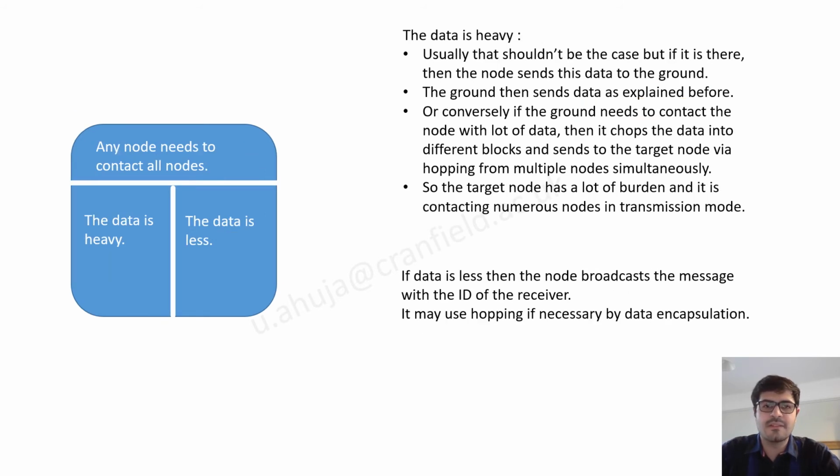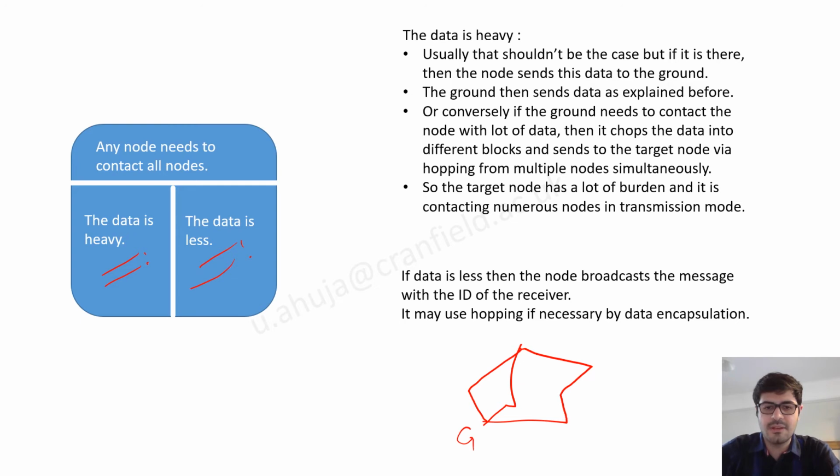In the other case, any node needs to contact all nodes, and it could be that the data is very heavy or the data is less. If the data is very heavy, which usually shouldn't be the case, then the node sends this data to ground. The ground then sends data as explained before. Conversely, if the ground needs to contact a node with a lot of data, then it chops the data into different blocks and sends them to the target node via hopping from multiple nodes simultaneously. So some block is chopped and sent to this node, then to that node, and so on.